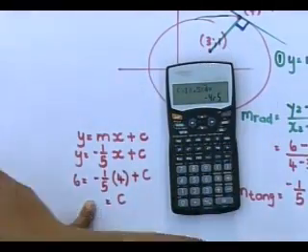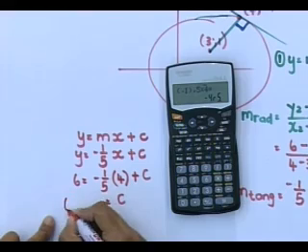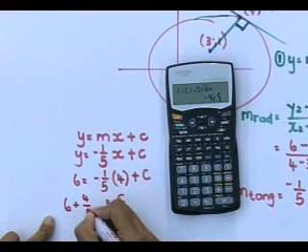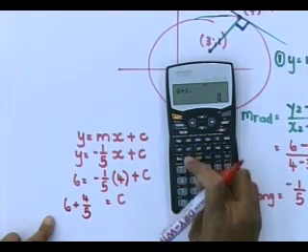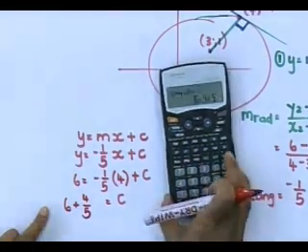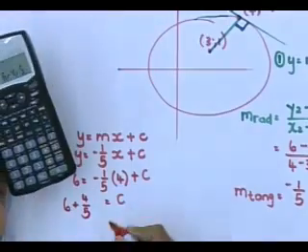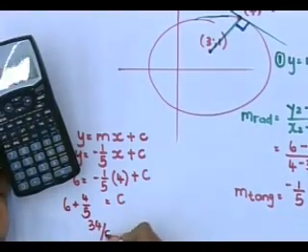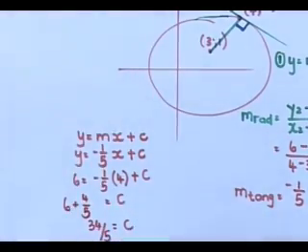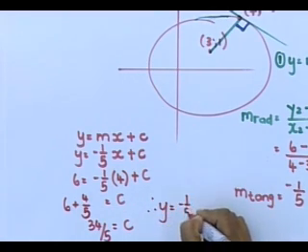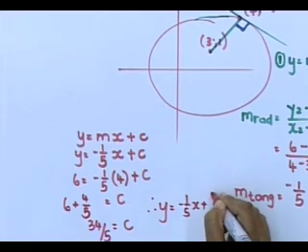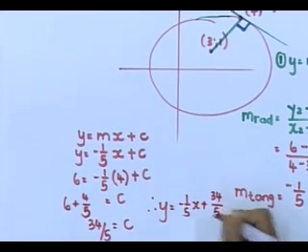Take it over to the other side. So it's going to be 6 plus 4 over 5, and you get 6 and 4 over 5, which you obviously knew is 34 over 5. And you've got your c, and you end off by saying it's negative a fifth x plus 34 over 5, or you can leave it in mixed number form, which is 6 and 4 fifths.